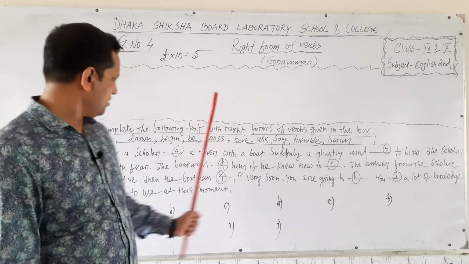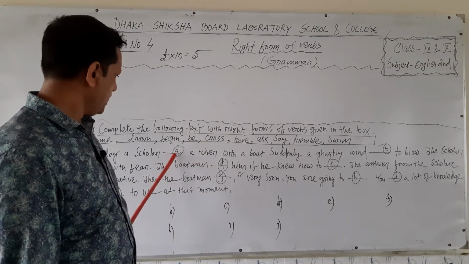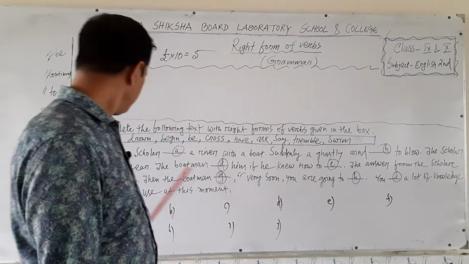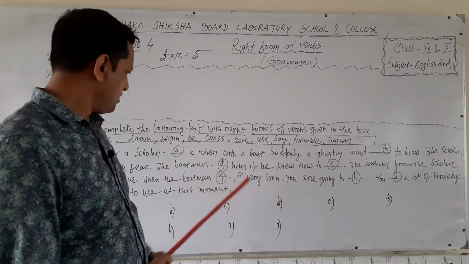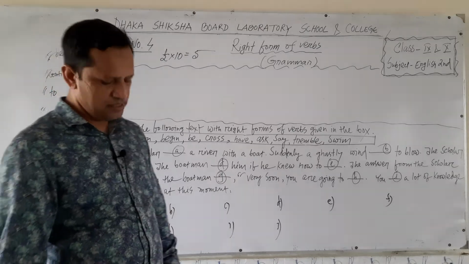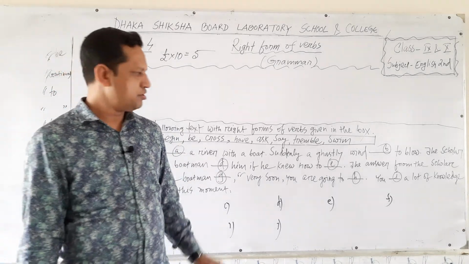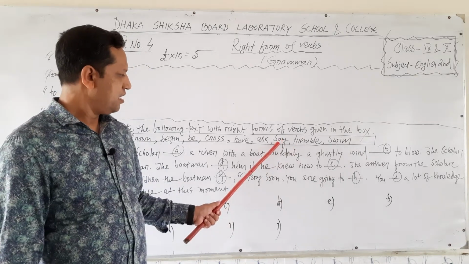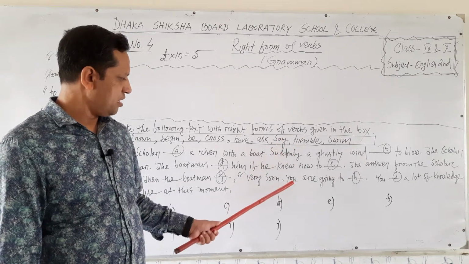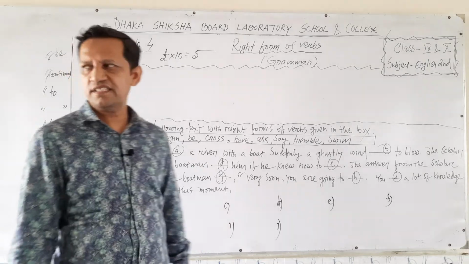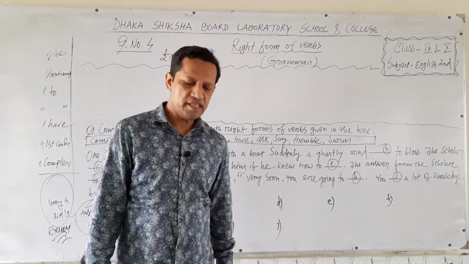The gaps are A, B, C, D, E, F, G, H, I, J. You know that a box will be given, and a passage will also be given, and in the passage there are 10 gaps.